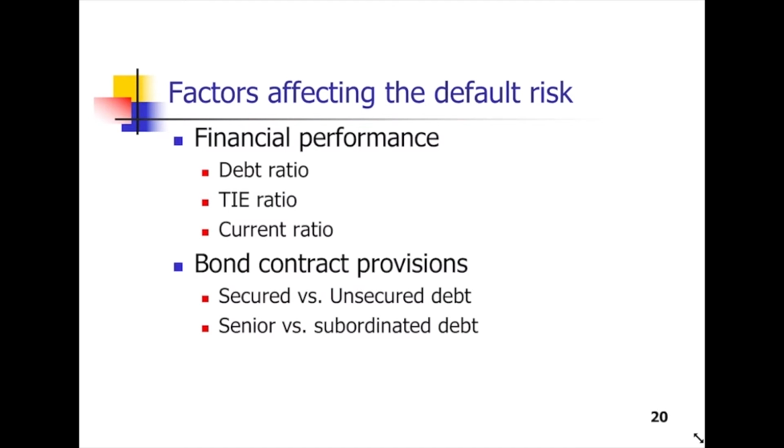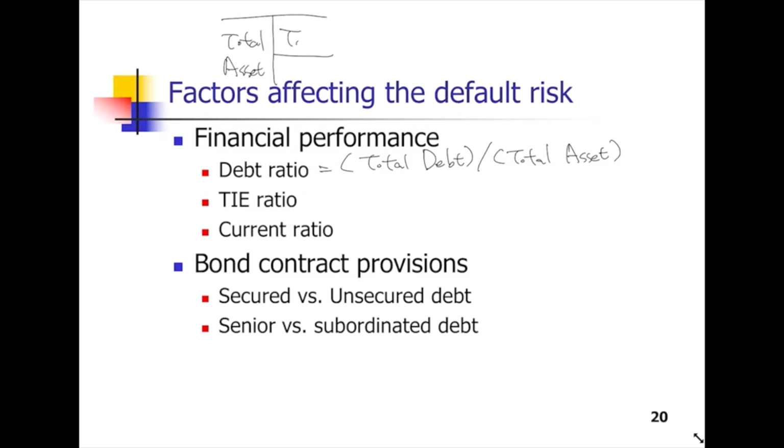We check these in more detail. The first one is financial performance, the debt ratio. Debt ratio can be calculated as total debt to total assets. When you see the balance sheet, the left-hand side is total assets, and the right-hand side has two parts, total debt and total equity.